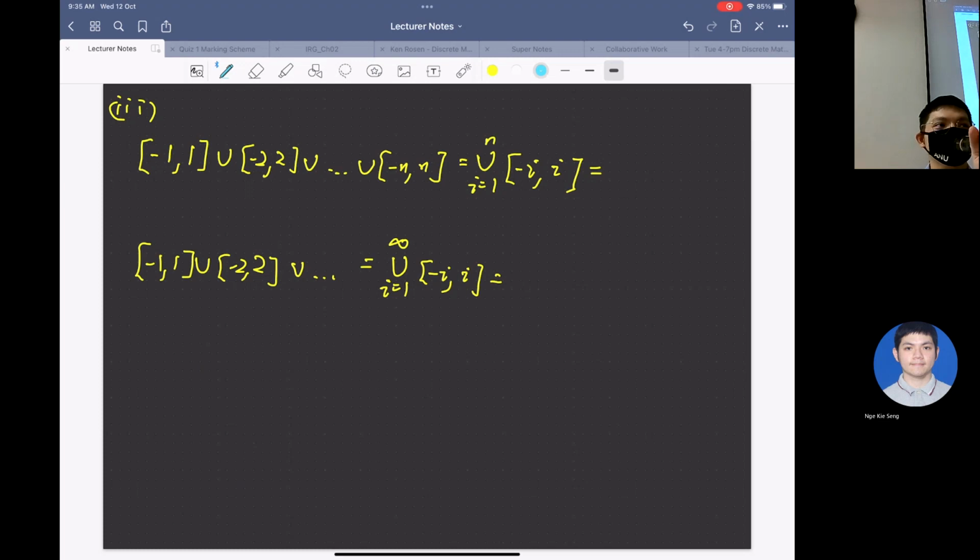N plus one divided by 2. Why? Why is this? You mean something like this? No, no. Because n is in here, but n is not in here.